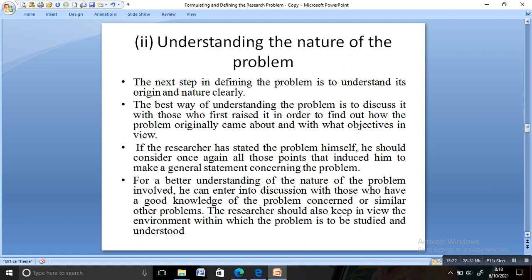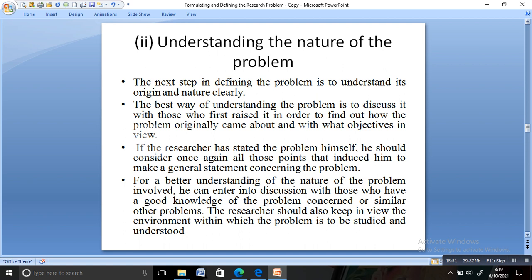Next, I have to understand the nature of the problem. If it is cancer, just imagine, we have so many types of cancer: cancer of the breast, uterus, prostate, head, lungs, various organs. So you should understand the nature of the problem.